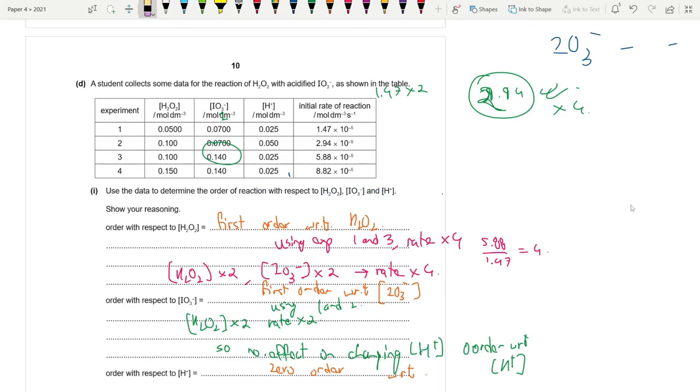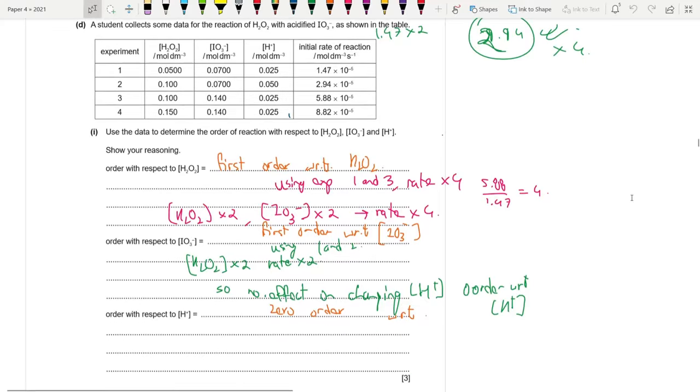So, order with respect to hydrogen peroxide. Check this out. So, which equations are we going to use? We're going to use experiment 3 and 4.